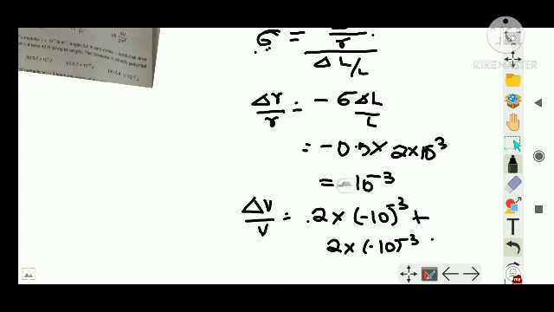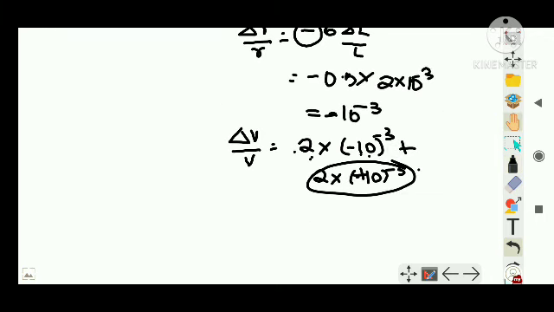So there is a minus term here, right? Once you add this, delta R has a negative sign, but delta L's term does not have a negative sign, and both have the same numerical value. So this will be equal to 0. This is how you explain it using mathematics.